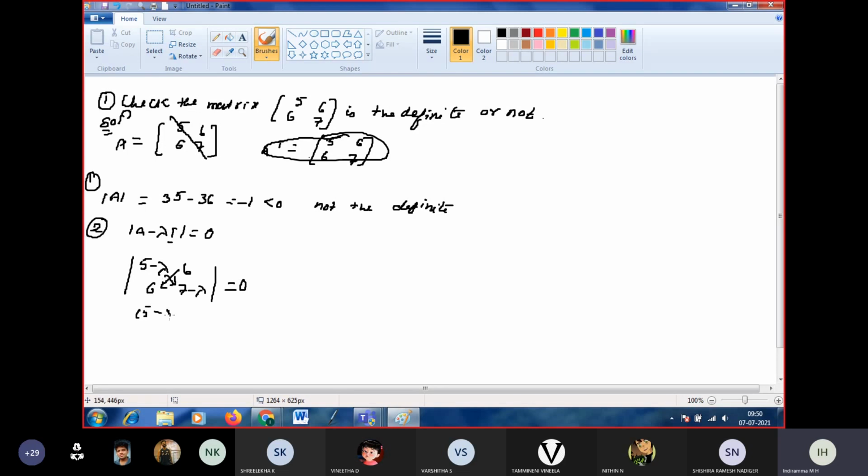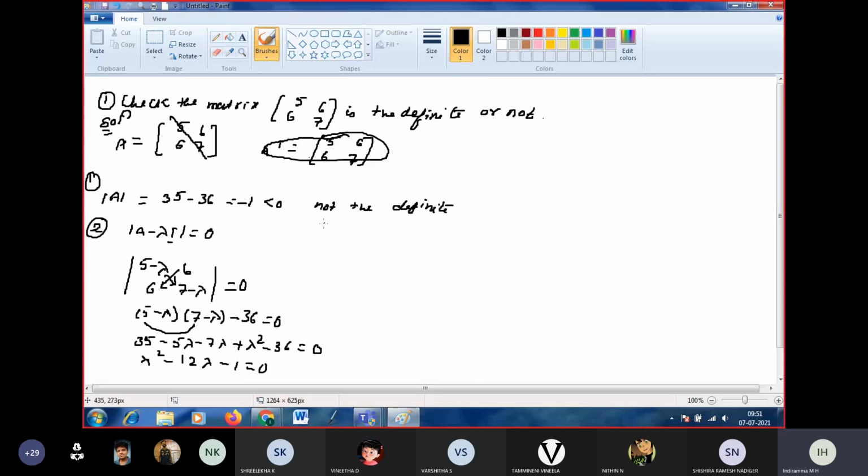So 5 minus lambda into 7 minus lambda, minus 6 6s are 36, equal to 0. That is 35 minus 5 lambda minus 7 lambda plus lambda square minus 36 equal to 0. That is lambda square minus 12 lambda minus 1 is equal to 0.